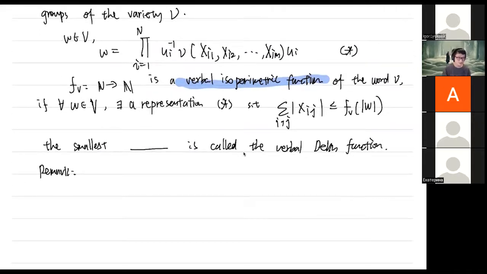So under the equivalence class we defined for all the Dehn functions, maybe we call it the verbal delta. The verbal Dehn function does not depend on the choice of V.